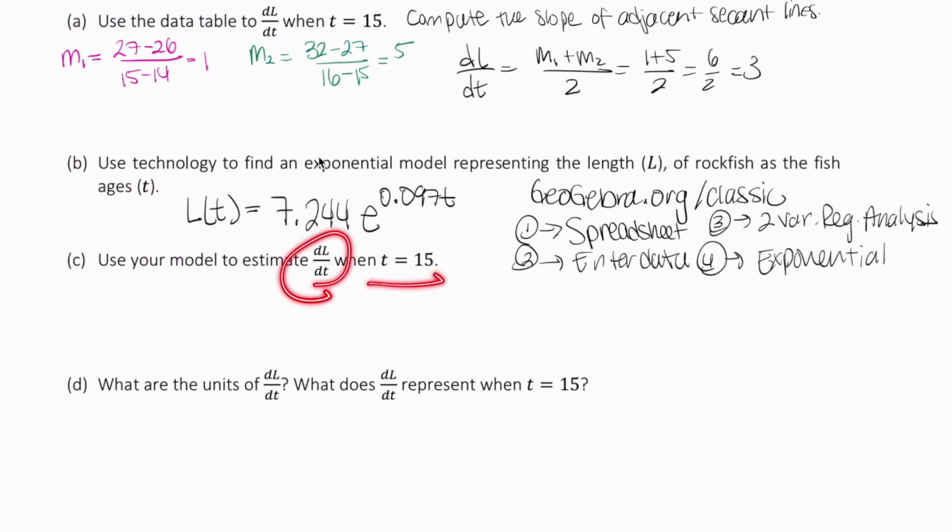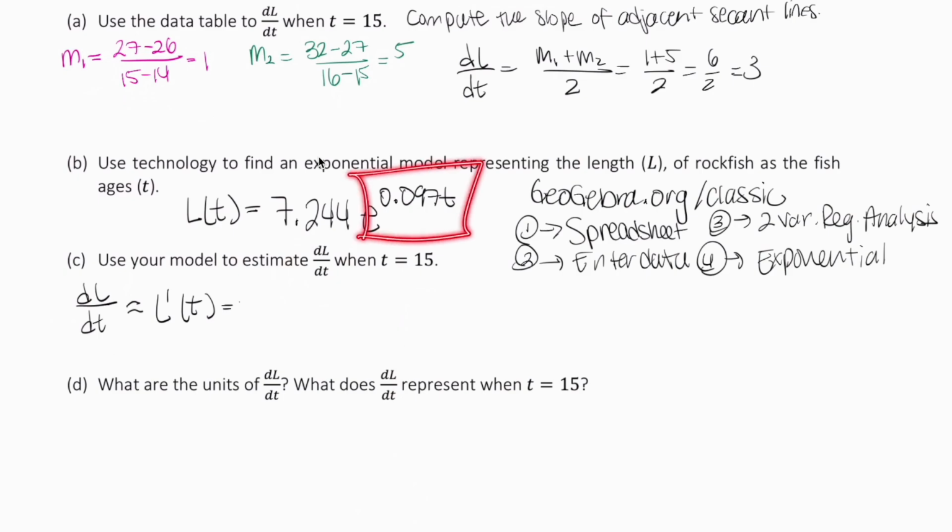Now let's go ahead and use our model to estimate dl dt when t is equal to 15. And so dl over dt can be approximated using our model L prime of t, the derivative of our model. This is an exponential function, and it has a function within a function. We have this linear function as the exponent, so we're also going to have to apply the chain rule here.